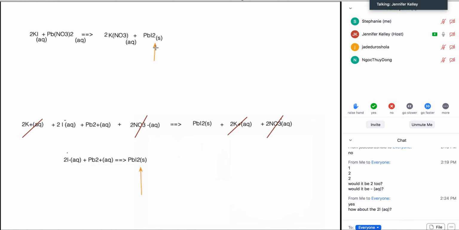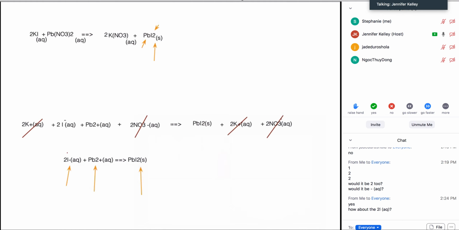Then we want to look and see what made it, and it was made from lead and 2 iodide. If you look over here, you'll see we had a lead and 2 iodide. And that's all you have to figure out for the net ionic equation. This is a nice way to cut down on test time when it's asking which of the following is the net ionic equation. Then you would just look at the product that's not aqueous and separate it into its ions.